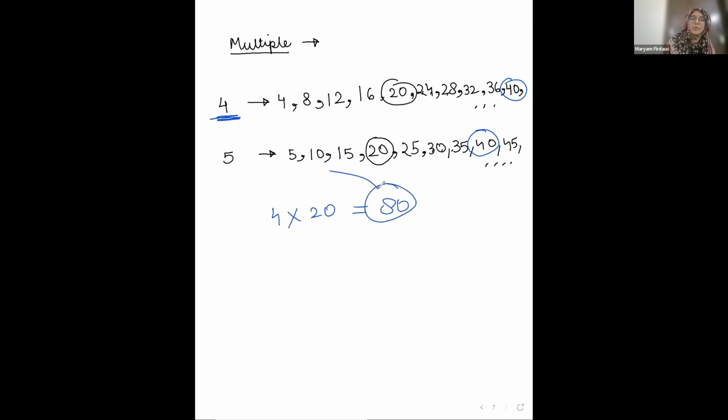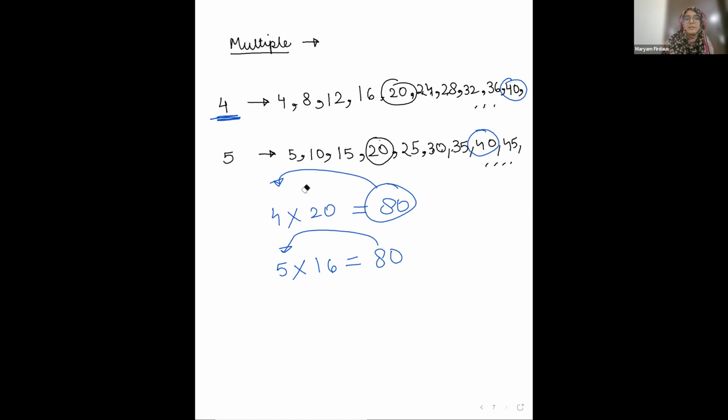And 5 multiplied by 16 will give you 80. So 80 is also a multiple of 5.